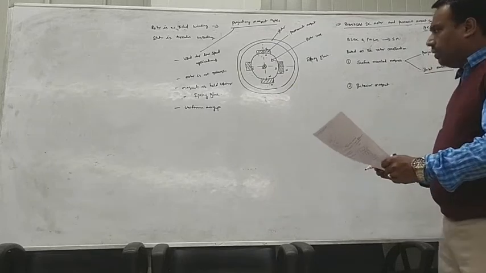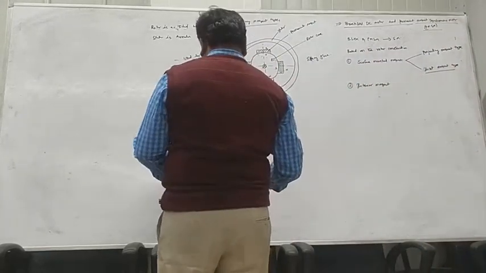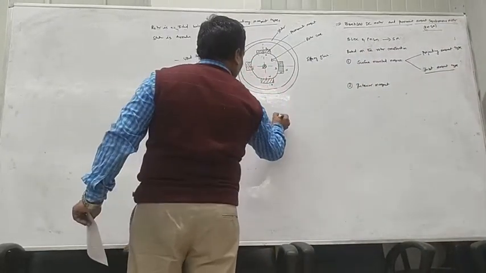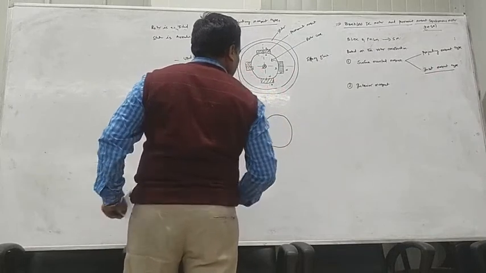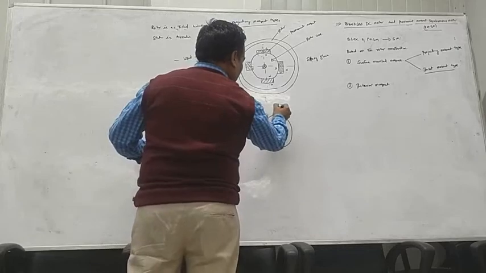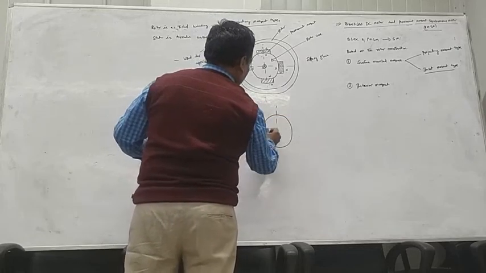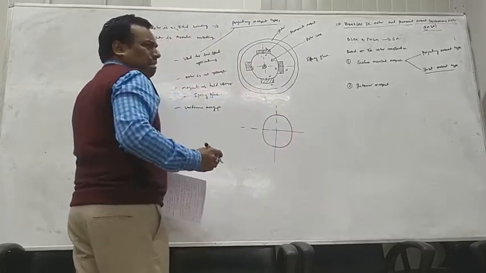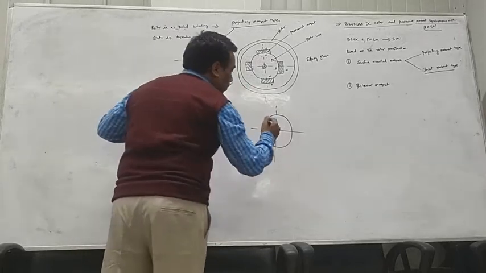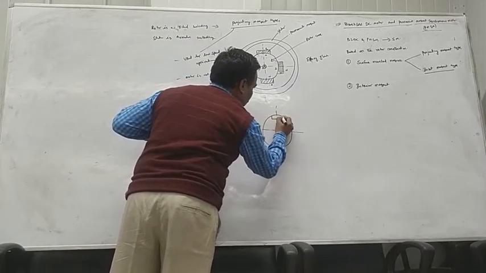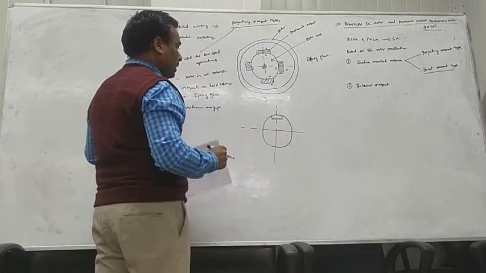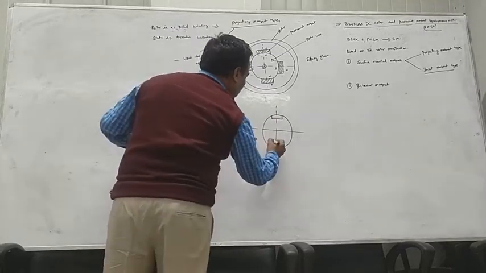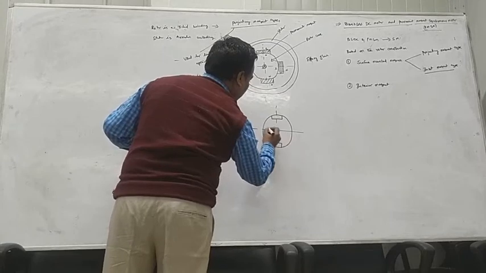So what is the meaning of inset magnet type? If you see the inset magnet type rotor construction, this is the inset magnet. This is your rotor, and we are attaching permanent magnets inside of the rotor.